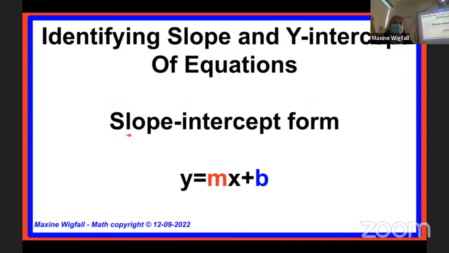What that's saying to you is that you will see the slope and the y-intercept in these places in the equation y equals mx plus b, where m, the number that's the coefficient of the x term, is your slope, and b, the number by itself, is your y-intercept.